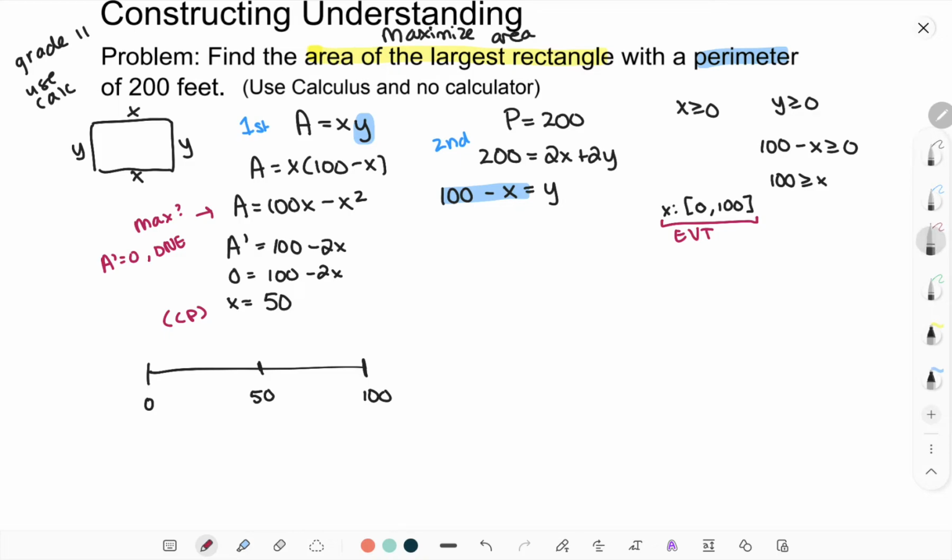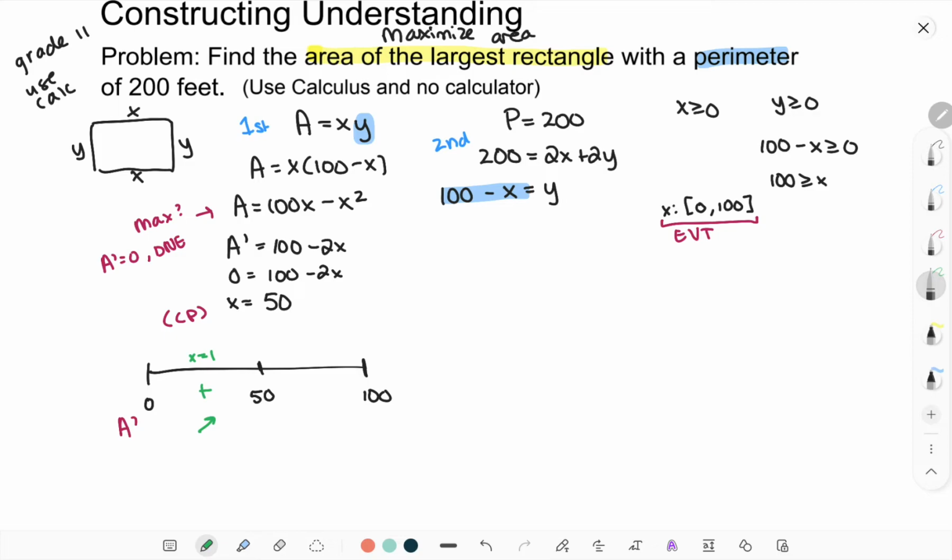And so I want to ask myself, what's happening to A prime? What are the signs on A prime to tell me if I have a max or a min on A itself? And so I'm looking at values in between. When I pick a value between 0 and 50 and plug it into my A prime function, a number like 1, 100 minus 2 times 1 is still going to put me in the positives.